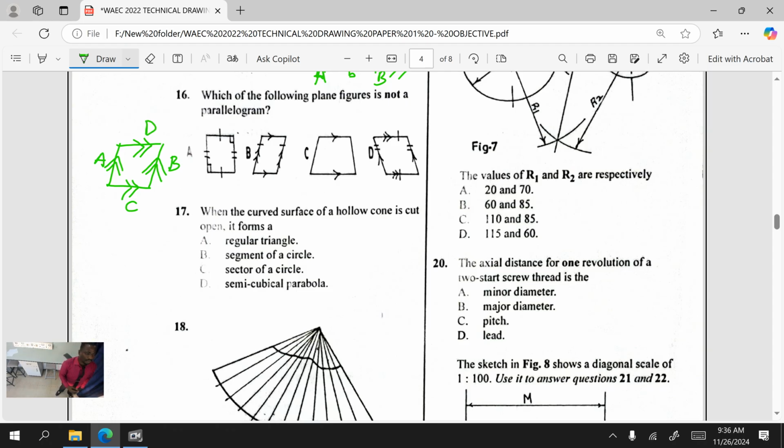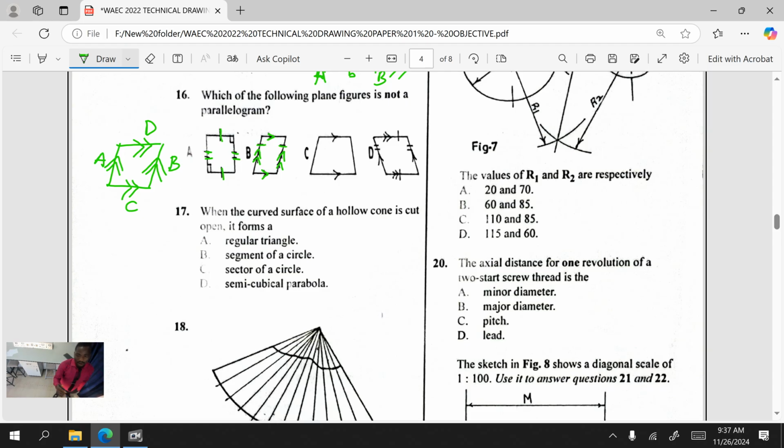So let's look at it one by one. A, using this sign, you see those two dashes mean they are equal, and this sign shows they are equal. And they are also telling you that the sides are parallel to each other. Same thing for B. If you look at B, this arrow shows that this side is parallel to this side, and this side is equal to this side.